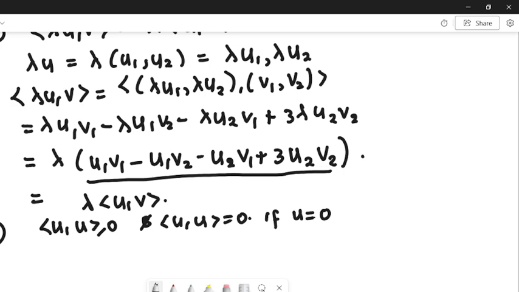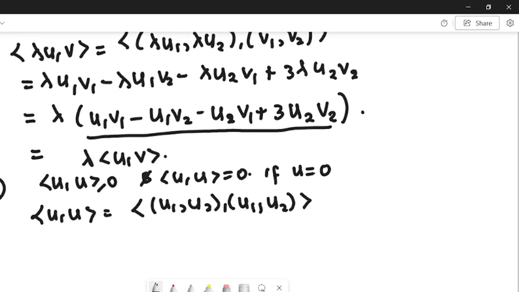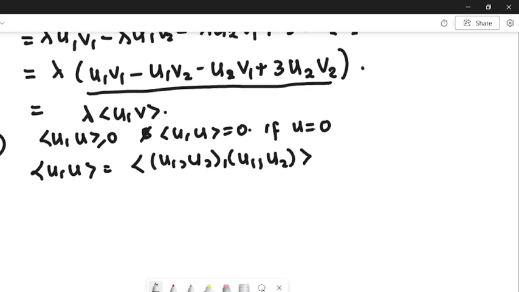So what we are going to do is first take this inner product and see. This is just the inner product of u by itself, so we are multiplying with (u1, u2). But we have a definition. In our definition, wherever we have a v, we are replacing it with u. We are going to get u1 squared minus u1 u2 minus u2 u1 plus 3 u2 squared. We can always pause and go back and confirm our definition.